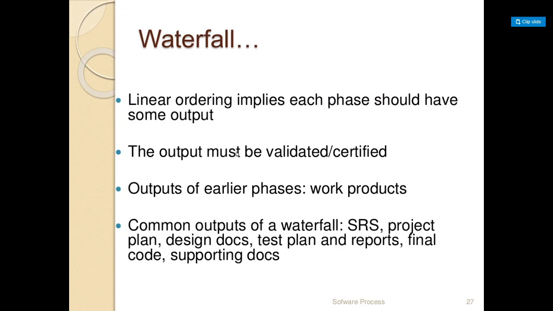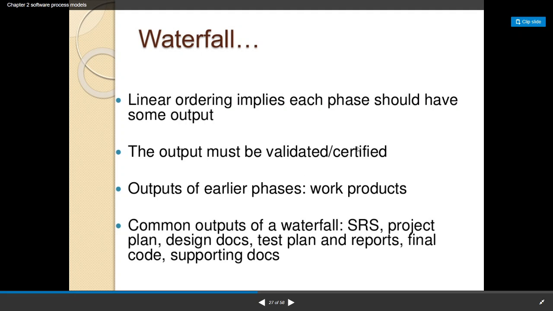So why waterfall? We call this model waterfall because of the linear ordering. As I told you, here it is put one below the other, but it can also be applied in a linear manner. Each phase should have some output, and that output must be verified and certified, and then given to the next phase.